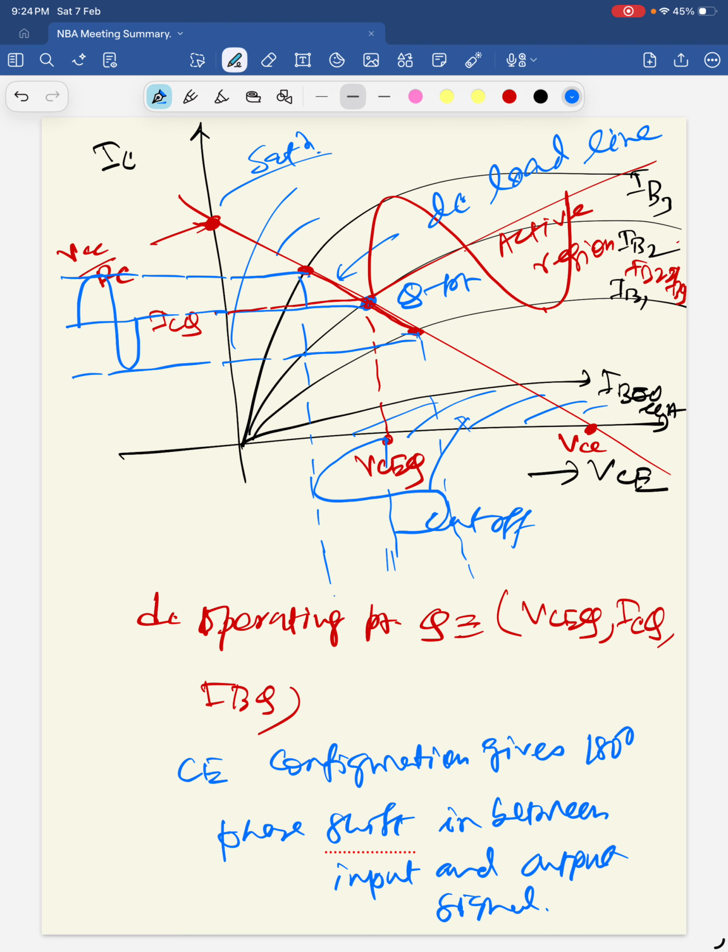But now if this Q point shifts near to the saturation point, or this Q point shifts near to the cutoff region, then what will happen? Why should the Q point be fixed? For a particular type of amplifier, the Q point must be fixed, or it should be at the midpoint of the active region.